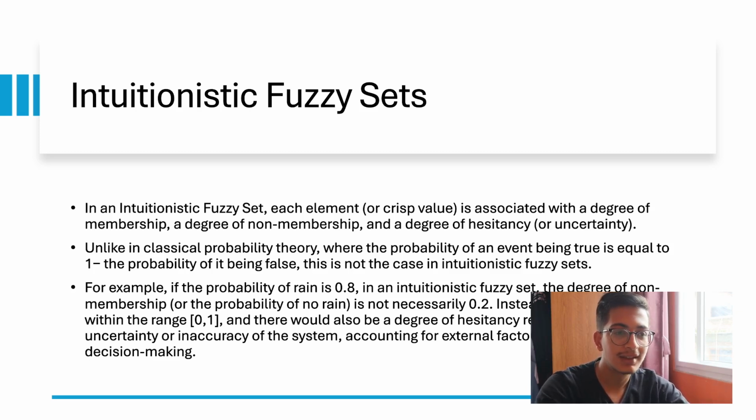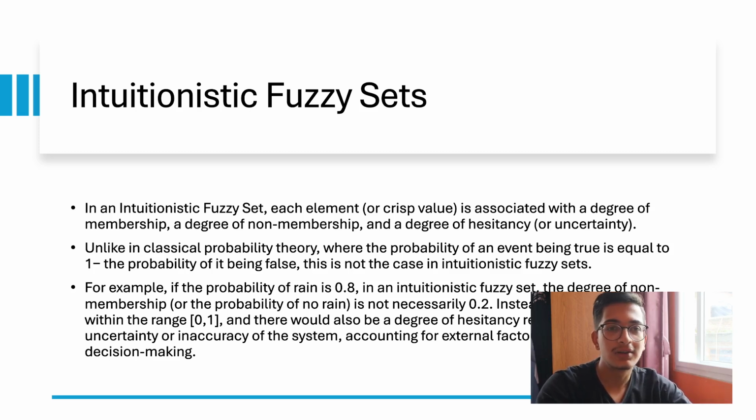Basically there is a certain percentage of the thing being true, a certain percentage of the thing being false, and a certain percentage where we cannot say whether the value is true or false. That we can represent as uncertainty. So in the intuitionistic fuzzy set, we expand the normal fuzzy set with hesitancy and a non-membership function.